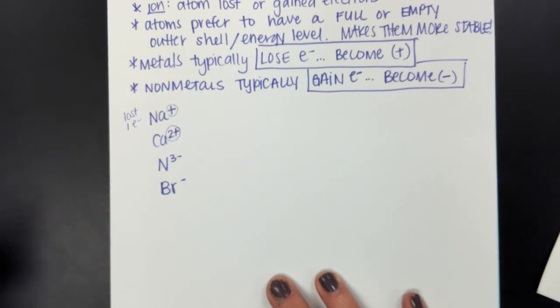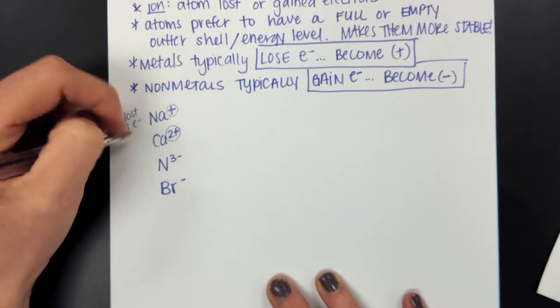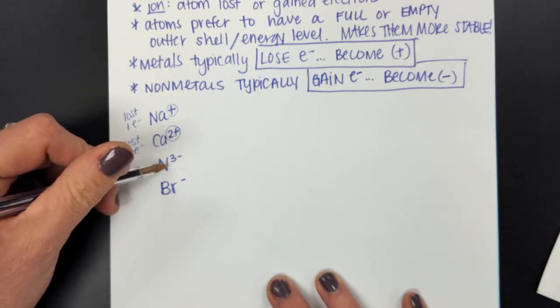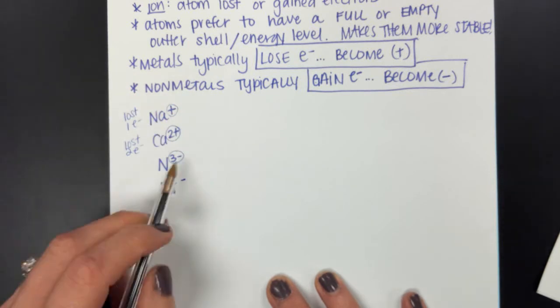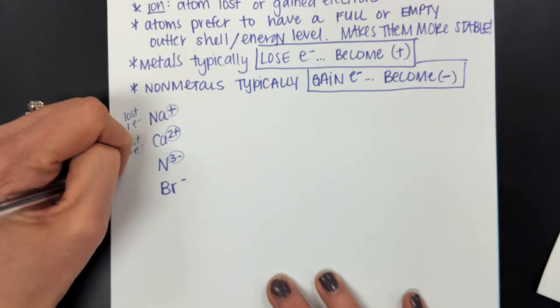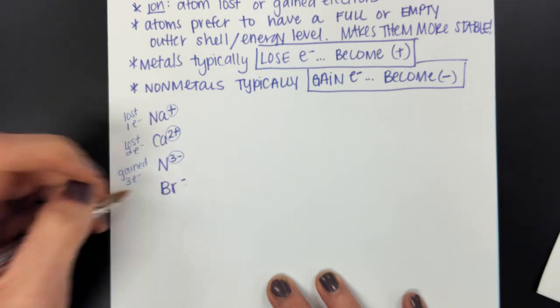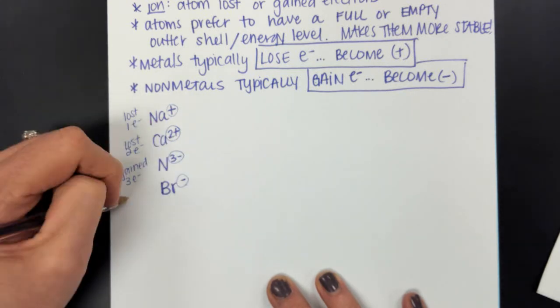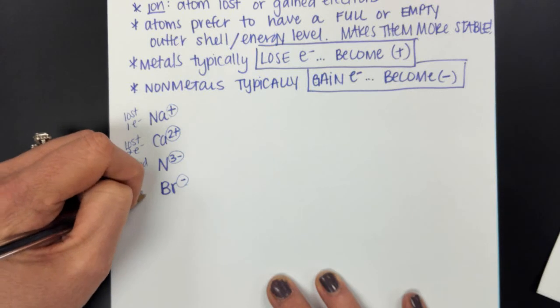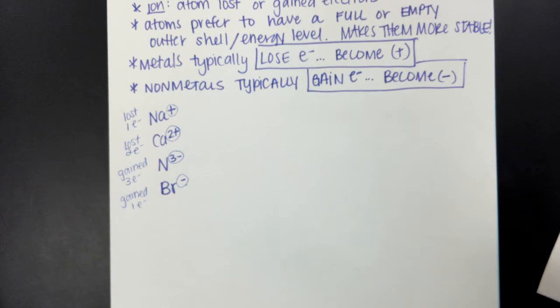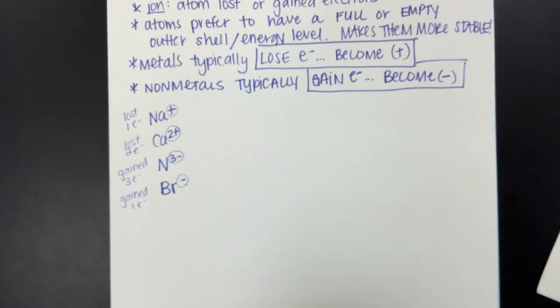Calcium is positive, so it has 2 fewer electrons, so it lost 2 electrons. Nitrogen is negative, okay, 3 negative. That means it gained 3 electrons, and bromine with the negative 1 means it gained 1 electron. Okay, so what you're going to do is you're just going to write the electron configuration, and then you can deal with it after you've written it, what you need to do with those ending electrons.